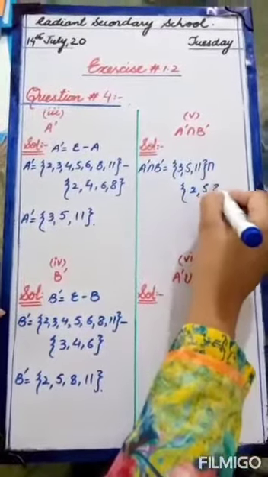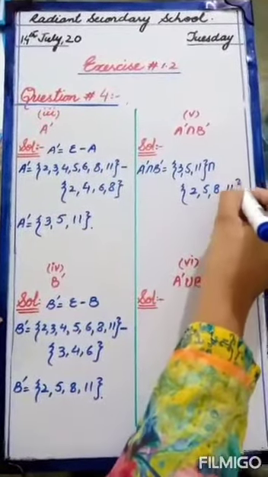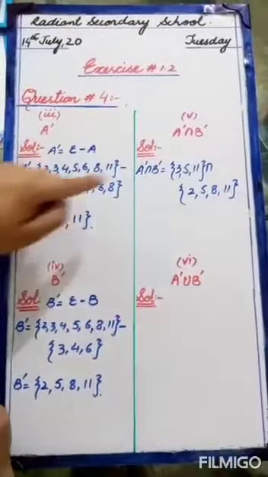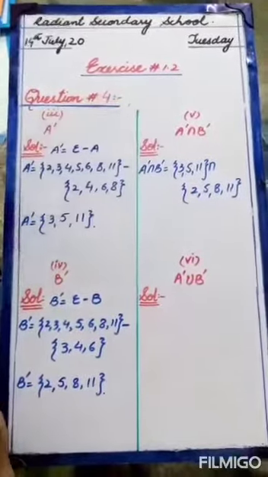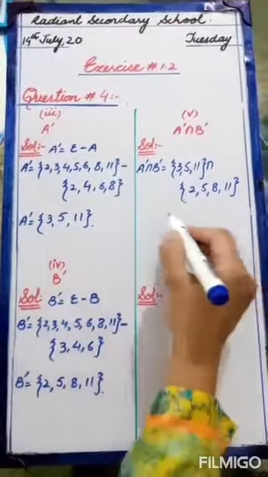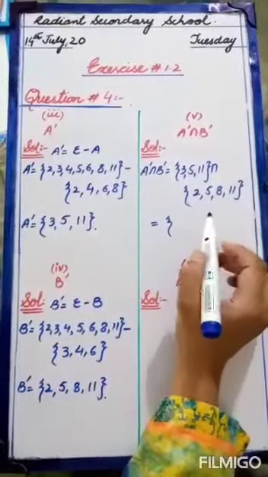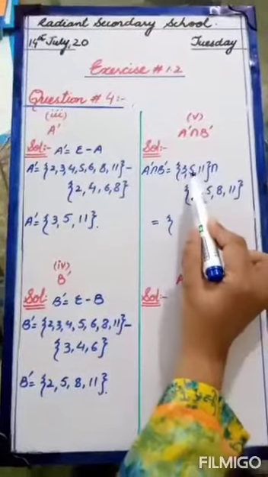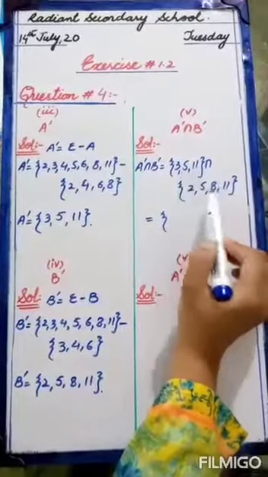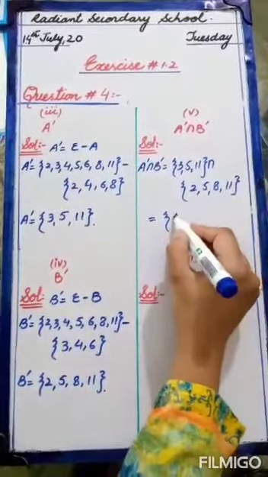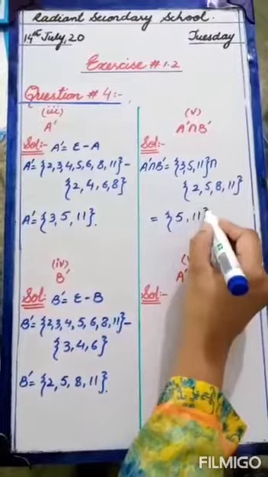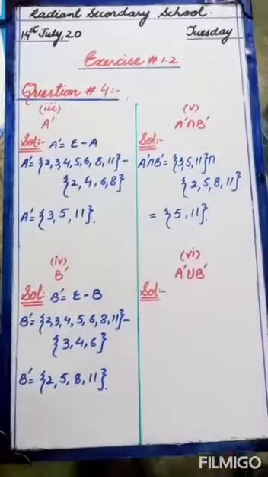Is that clear? Now we have to take the intersection of these complements. So what is intersection? Intersection means to write the common elements. So what are the common elements? You can see that 5 and 11 are common in these two sets. So this will be your answer.